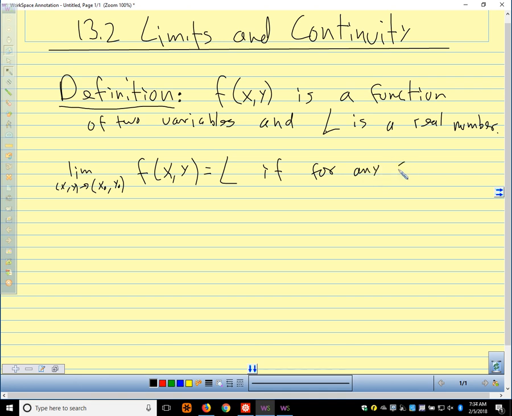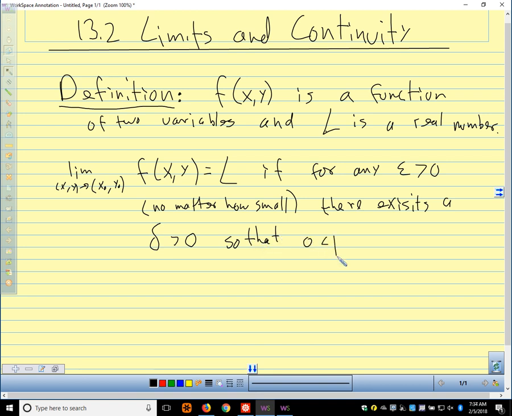for any epsilon greater than 0, and I like to include no matter how small, there exists a delta greater than 0, so that 0 is less than the square root of (x minus x0) squared plus (y minus y0) squared, which is less than delta.